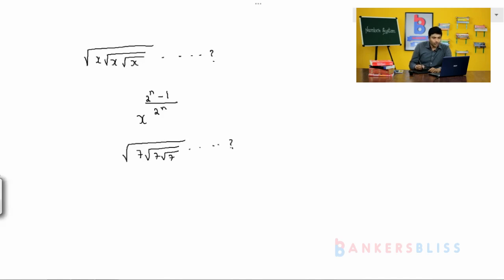Your answer is 7 to the power of (2 power n minus 1) by 2 power n. N means 3, because 7 is given 3 times. So 7 to the power of (2 cube minus 1) by 2 cube, which is equal to 7 to the power of 7 by 8. So this is 2 cube.